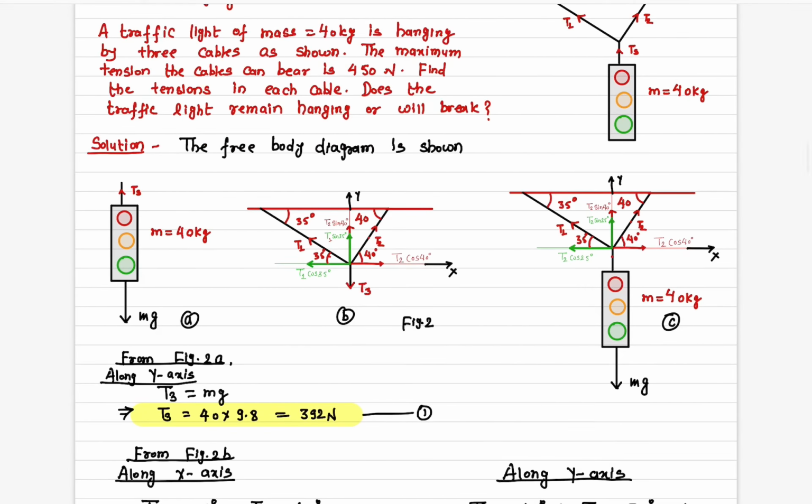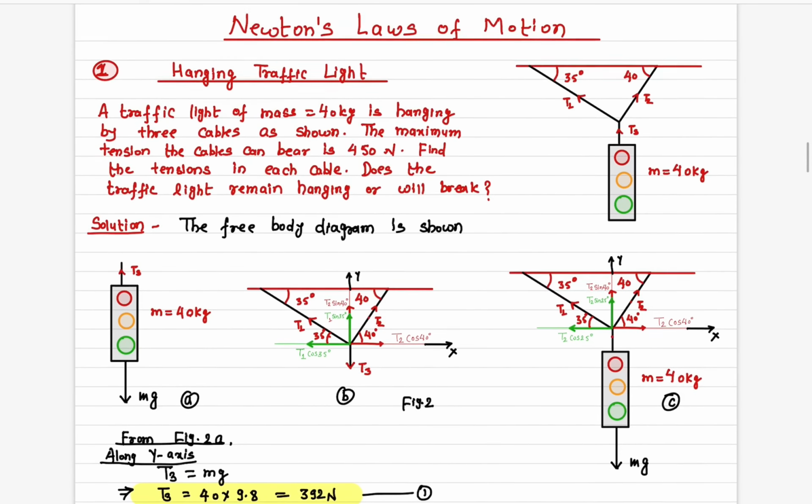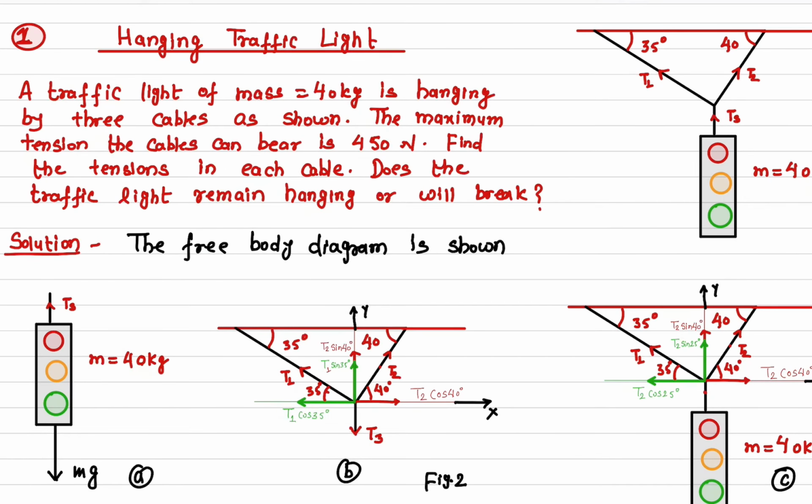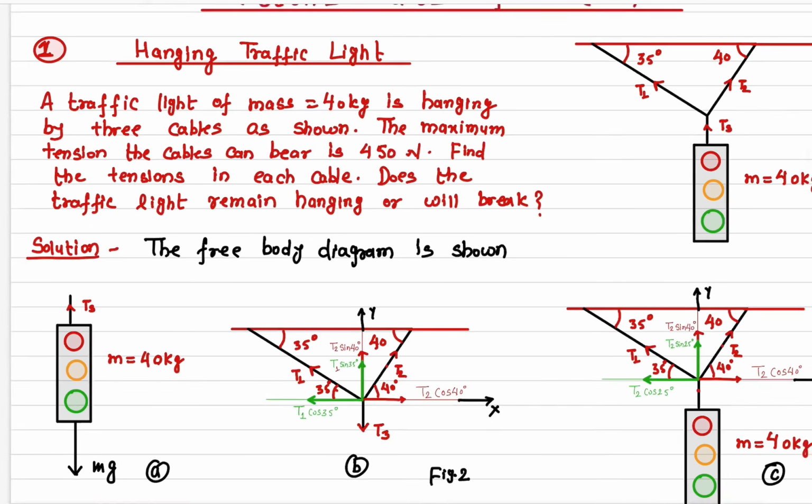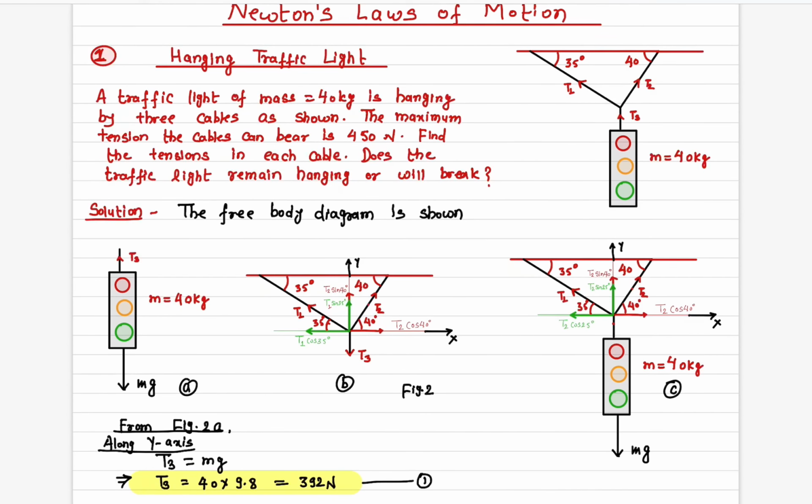So the maximum tension in each cable is 392, and the cable can bear up to 450 Newton. So there is no problem at all. The traffic light will remain hanging. It won't break, because the load is significantly smaller than 450 Newton.